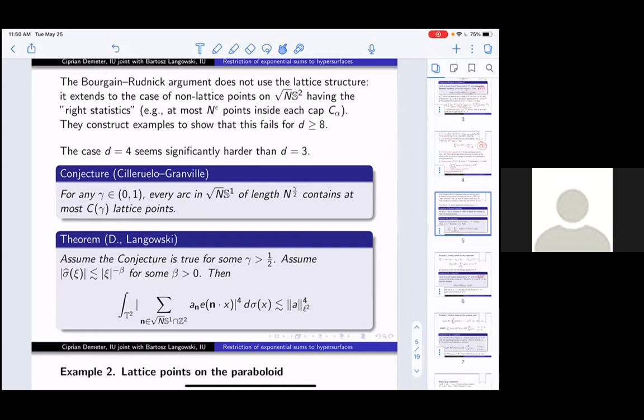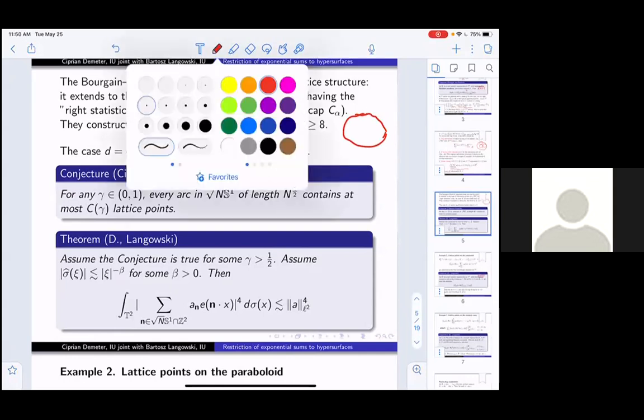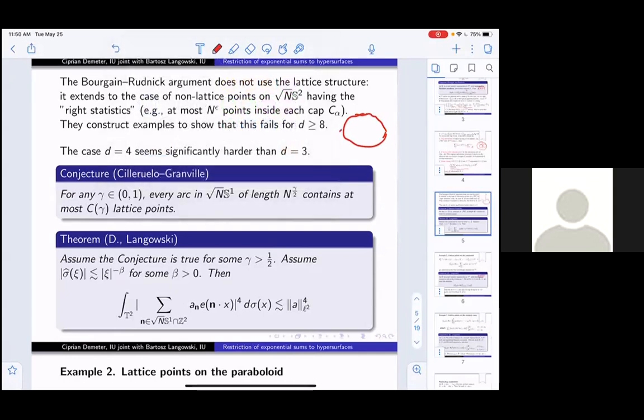This conjecture says the following: if you have the circle of a certain radius, let's say square root of n, we know that this circle doesn't contain too many lattice points. There's at most n to the epsilon of them. But an interesting variant of that would be to understand what's the maximum number of points that there are on an arc of length r, if r is the radius, r to the power gamma.